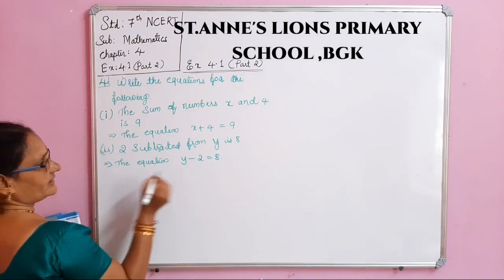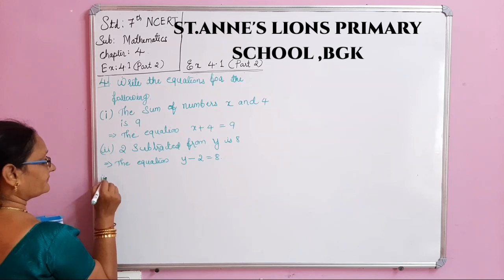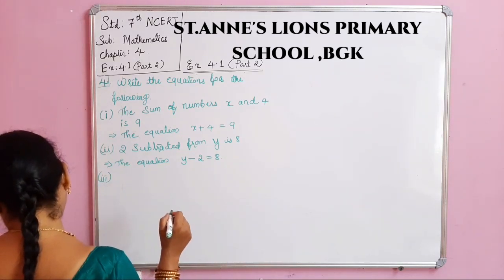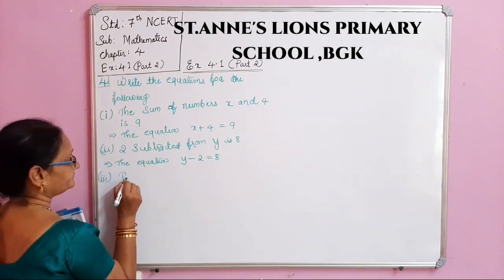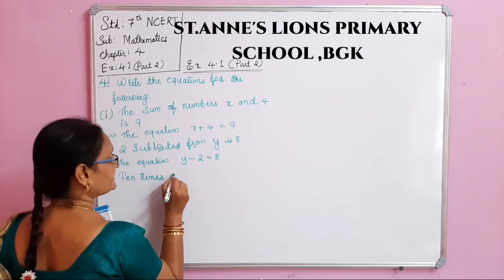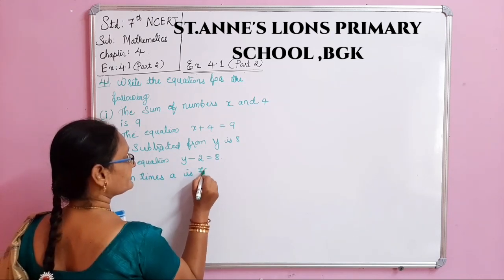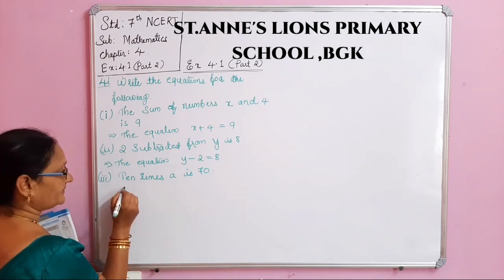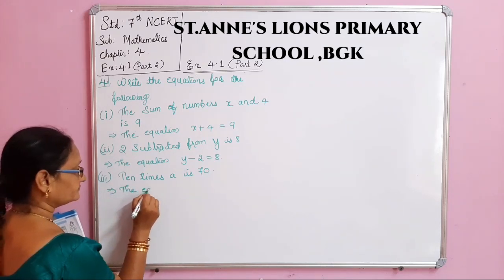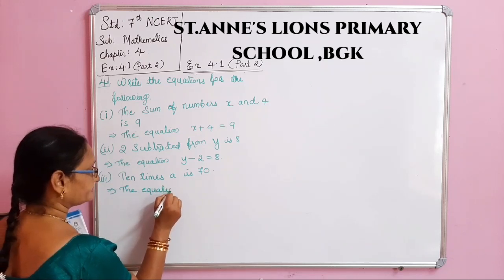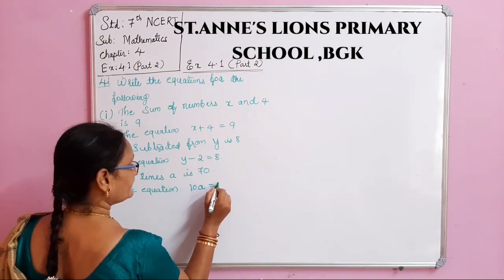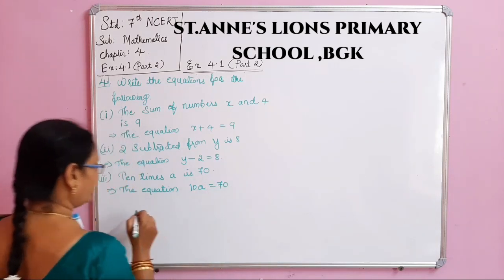This is the method of writing the equation. Next, 10 times a is 70. 10 times, that means what is the equation? 10a is equal to 70.